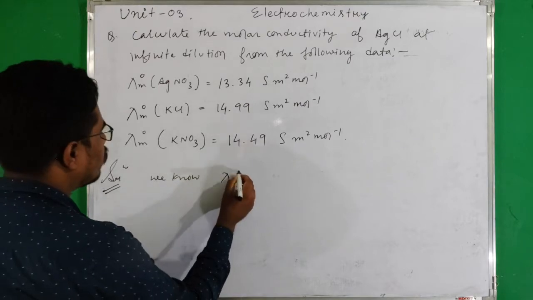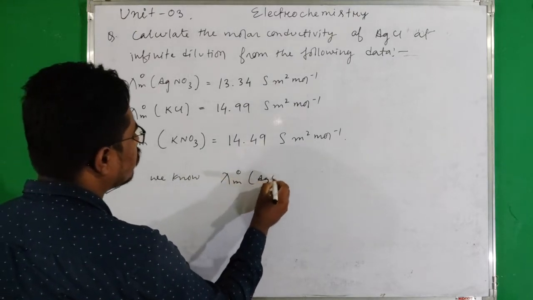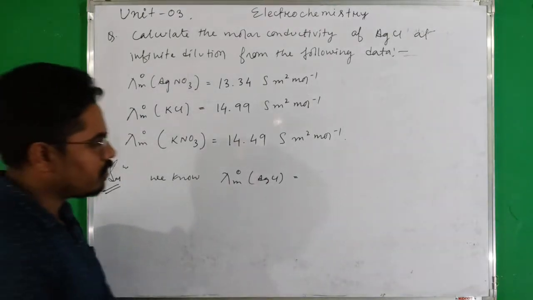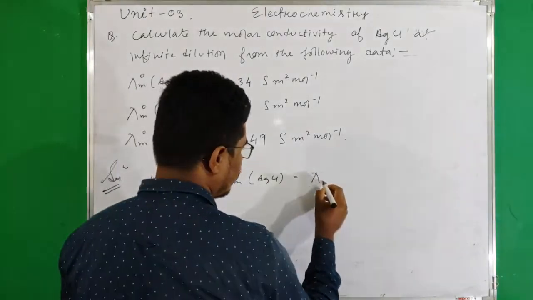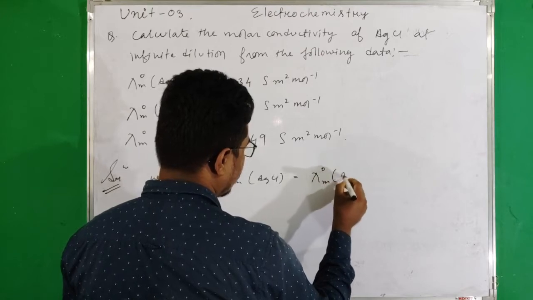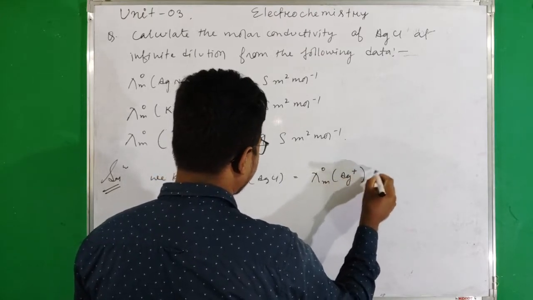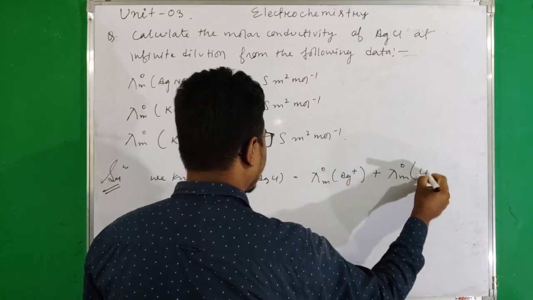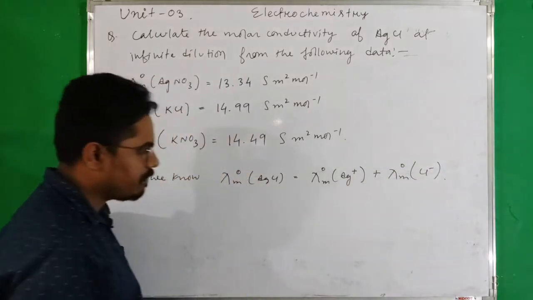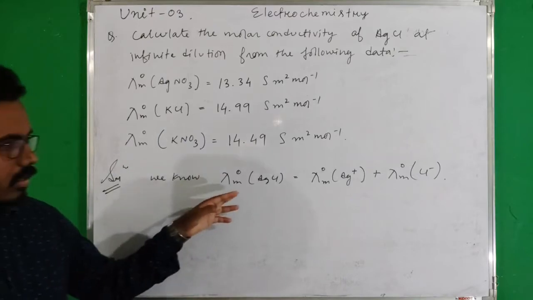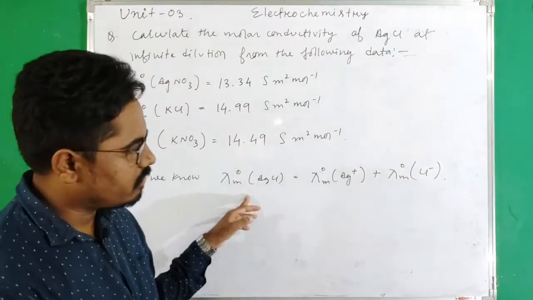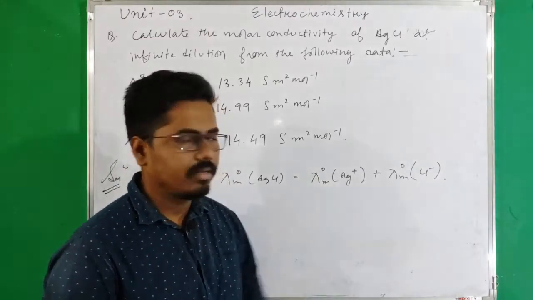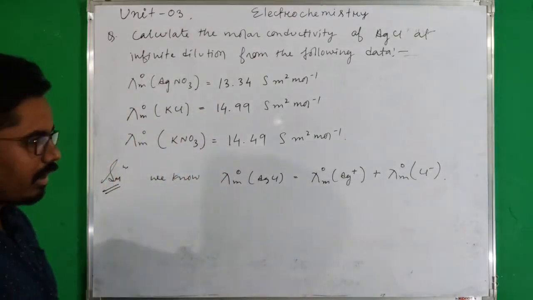the lambda m naught for silver chloride, and according to Kohlrausch's law, lambda m naught for silver chloride is equal to lambda m naught for Ag positive plus lambda m naught for Cl negative. That means the limiting molar conductivity of an electrolyte is equal to the sum of limiting molar conductivities of individual cation and anion.